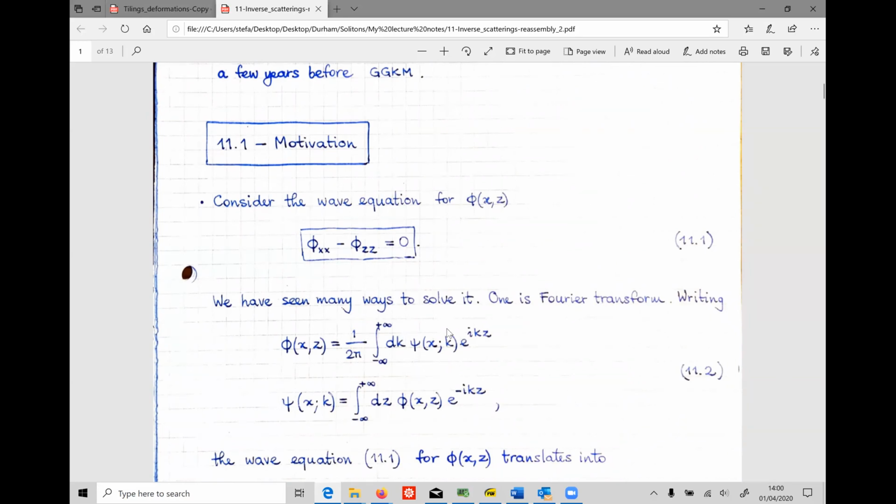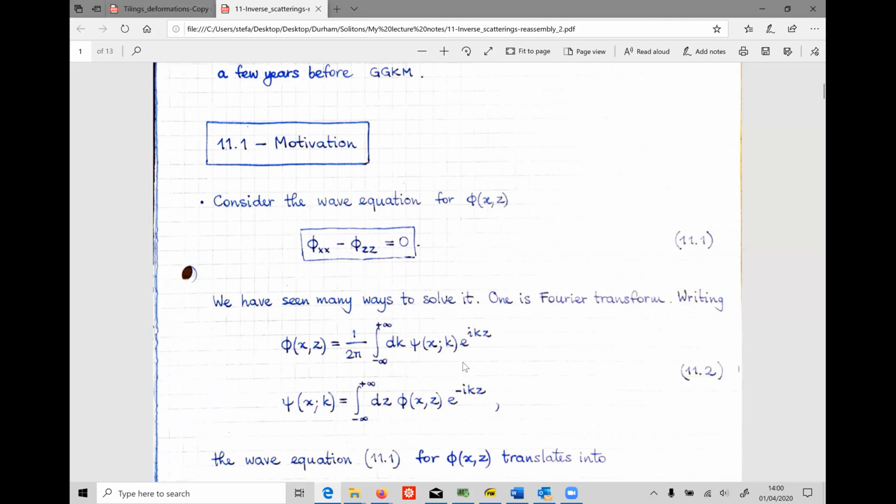So in particular, we can take Fourier transform with respect to the variable z and replace it by a conjugate variable k. So then we write phi as an integral over k of its Fourier transform with respect to z, psi, function of x and the conjugate variable k, times a plane wave factor e to the ikz.